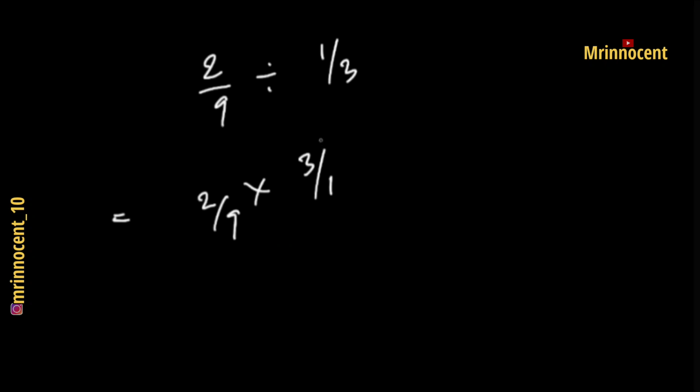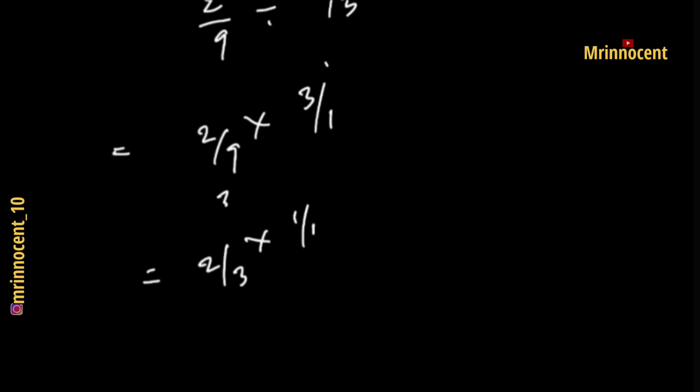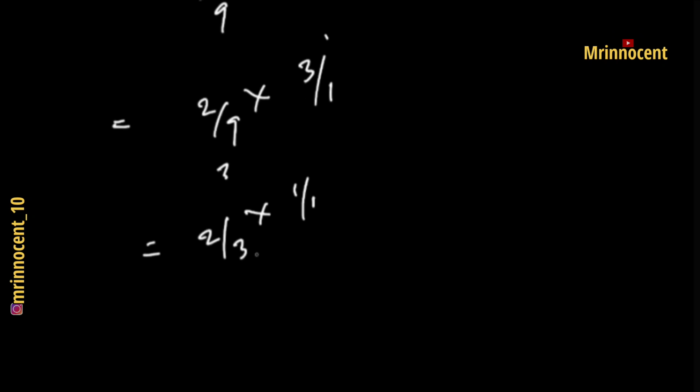So 3 cancels itself, 1, and 3 into 9 is 3. So we have 2 over 3 times 1 over 1, which is 2 over 3.